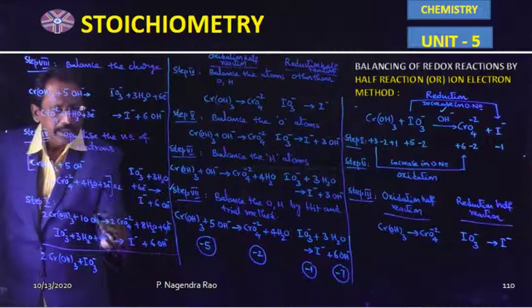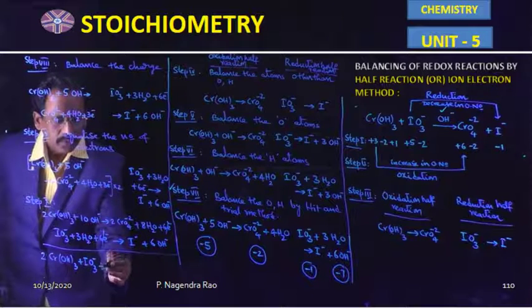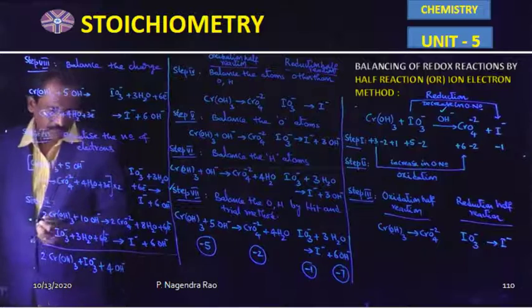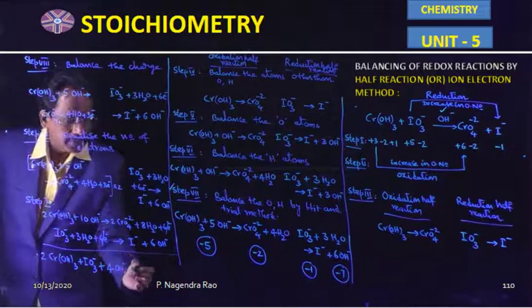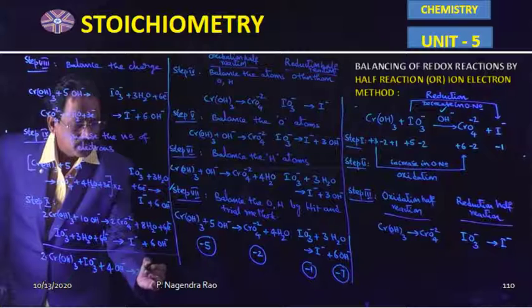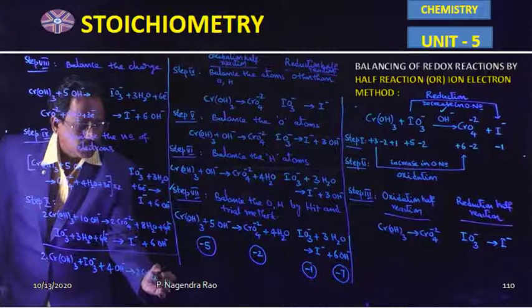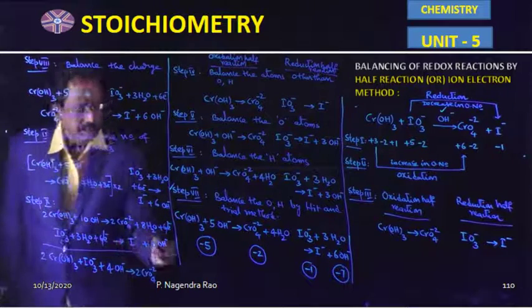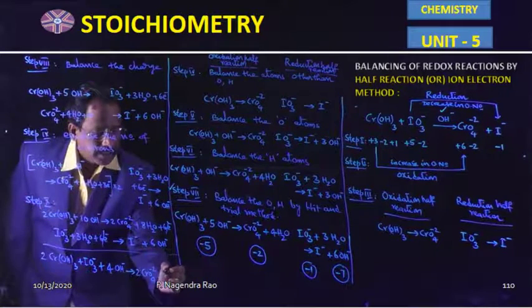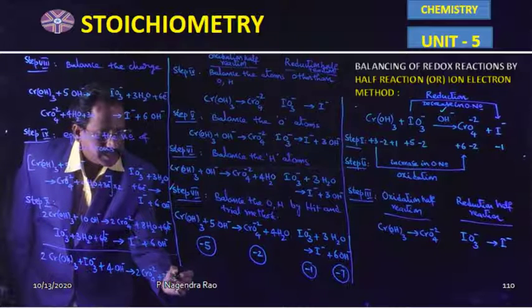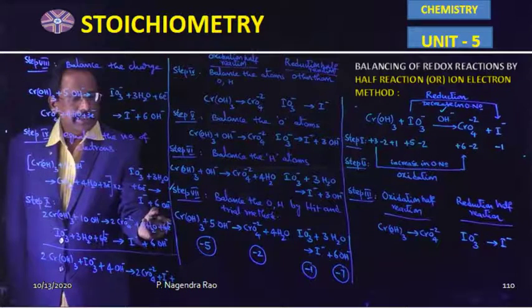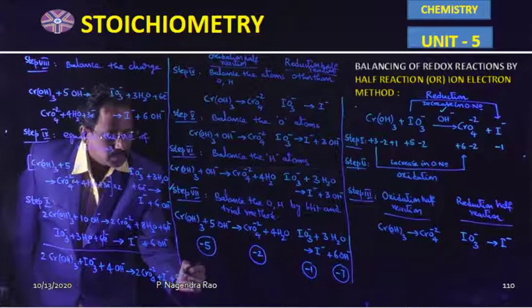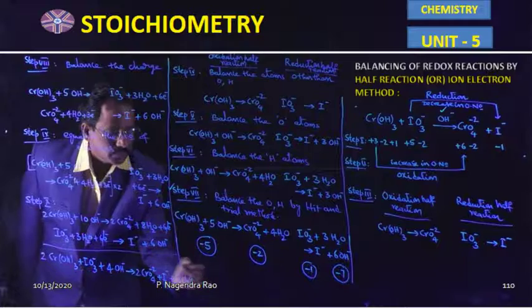So 10 minus 6, 4 OH minus gives rise to 2 CrO4 minus 2 plus I minus plus 8H2O minus 3H2O, that is equal to 5H2O.